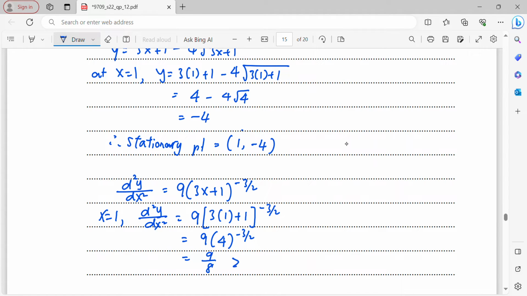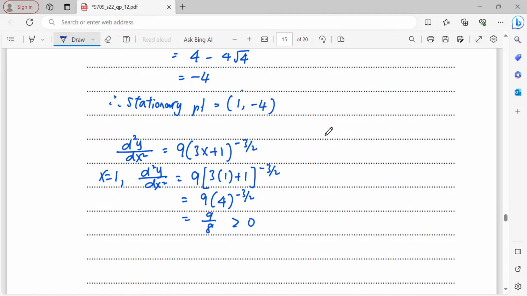So 9 over 8 is greater than 0. That means the stationary point is actually a minimum point. So (1, negative 4) is a minimum point. Okay, so we have solved this question.